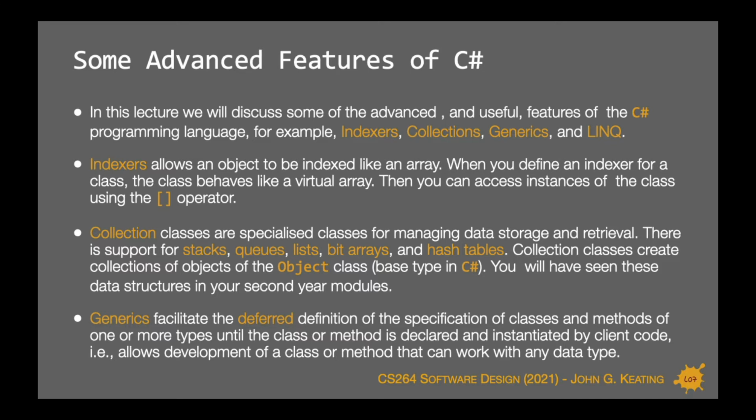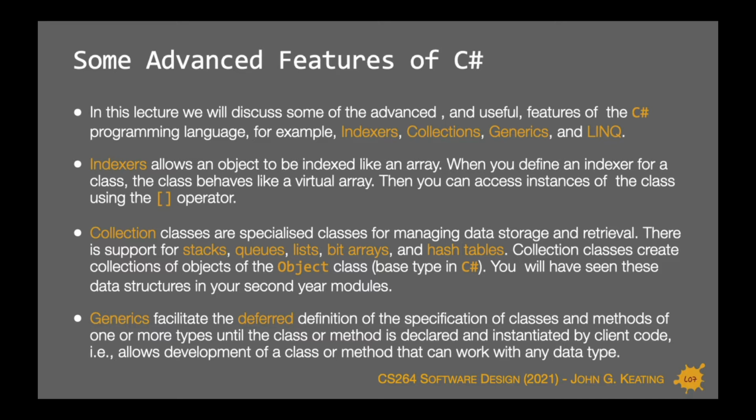Okay, so collection classes are specialized classes for managing data storage and retrieval. And the reason you do your data structures course in second year is so that you can understand what these data structures are and how they work, and you have to learn how to build them. But once you've done that once, you don't have to do it every time. You just use a library, a built-in function.